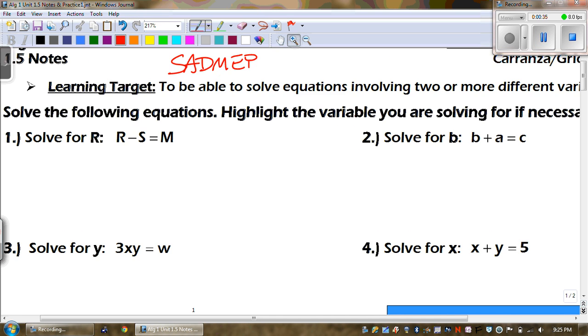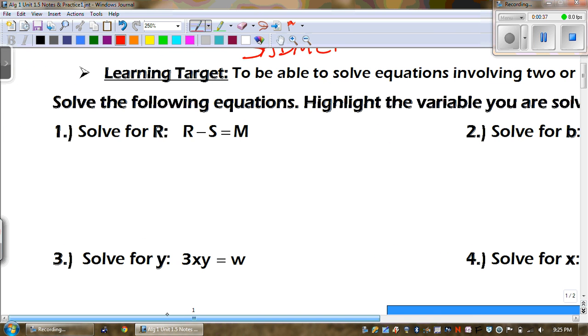Okay. So let's go through and look at these problems one at a time. I'm going to draw the line down the middle. And now the directions say to solve for r. So there's r. I want to get it all by itself. Except there's an s there. Now just follow the rules of SADMAP. Well, I see subtraction. To get rid of it, I'm going to add an s to both sides.